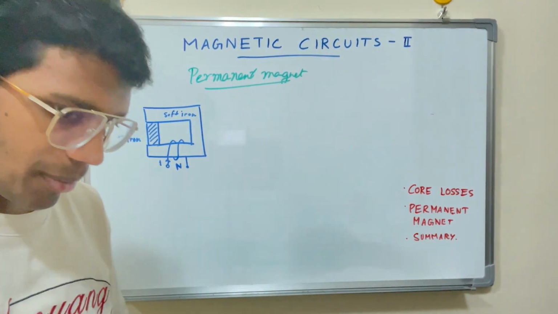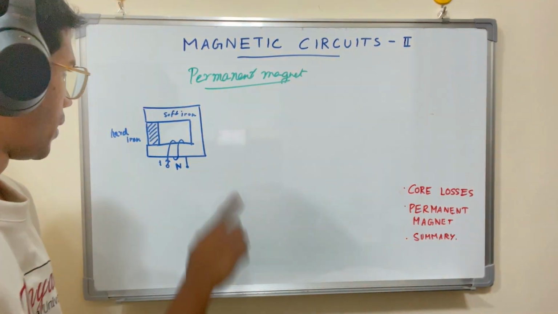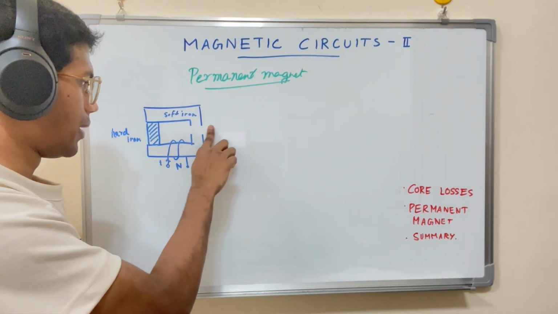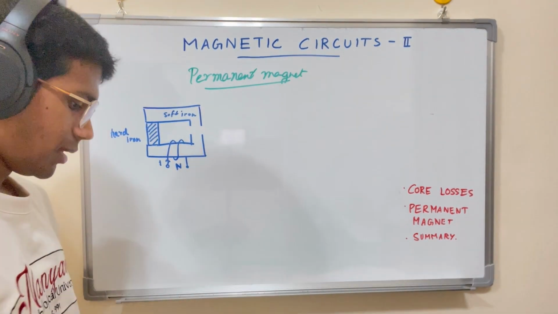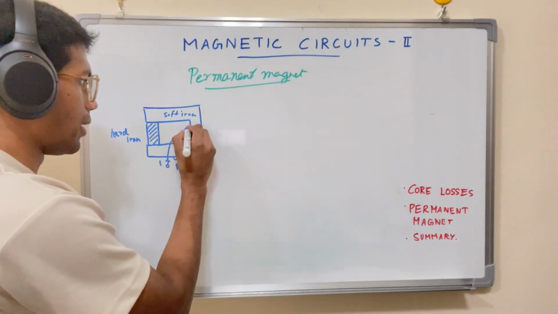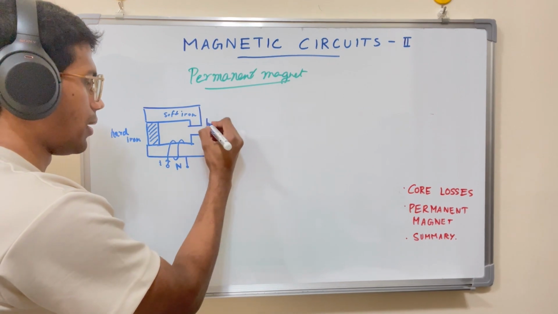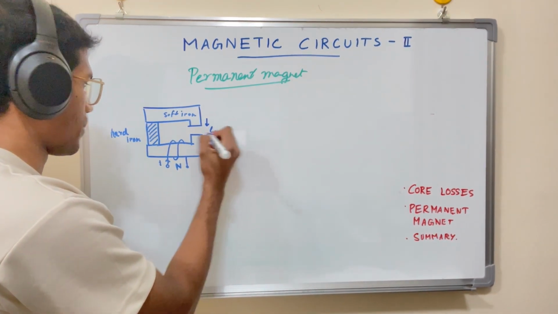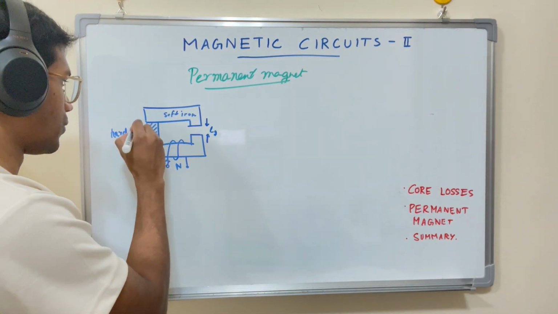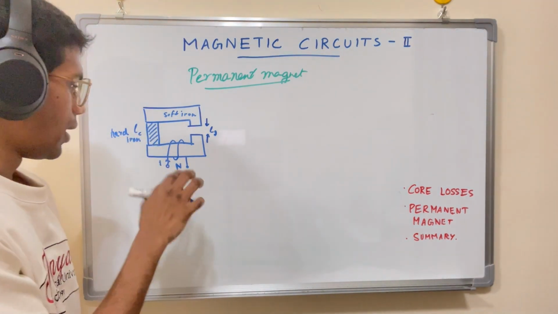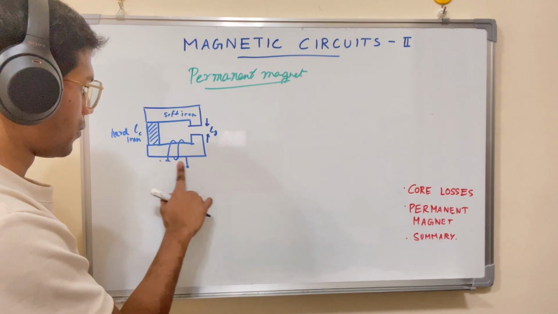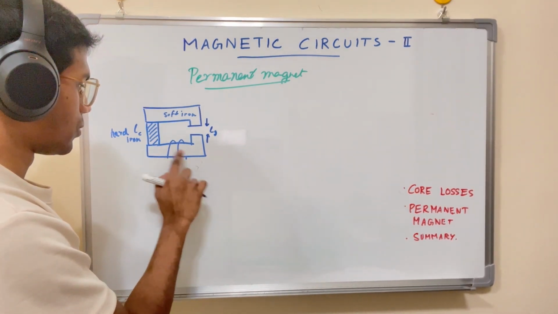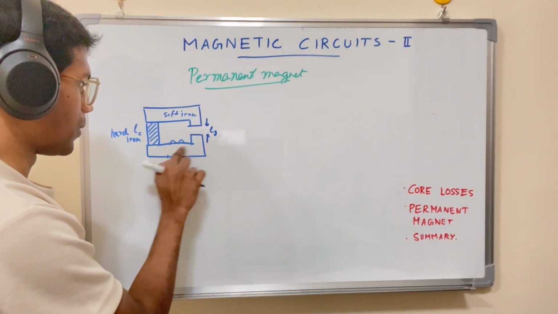Now we'll be talking about another topic where, let's say we make a gap in this apparatus. So we have an air gap here, and it's of length LG, and this core is of the length LC. Now we'll also take off the supply of current, so no more current supply is being provided.